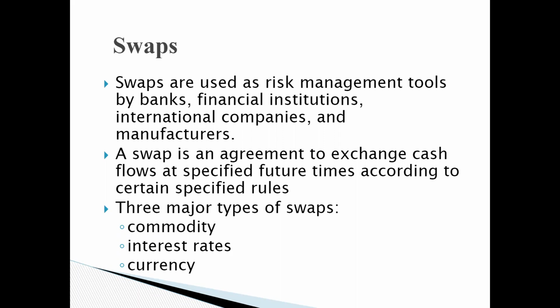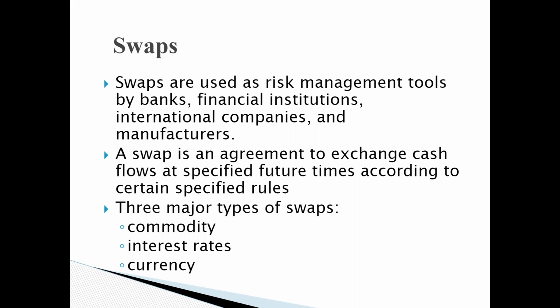One person is interested in fixed interest rates, the other one is interested in floating rates, they can do a swap. One person is interested in fixed income returns, another person is interested in equity, risky returns, they can do a swap. One person is interested in one commodity, another person is interested in another commodity, they can do a swap.